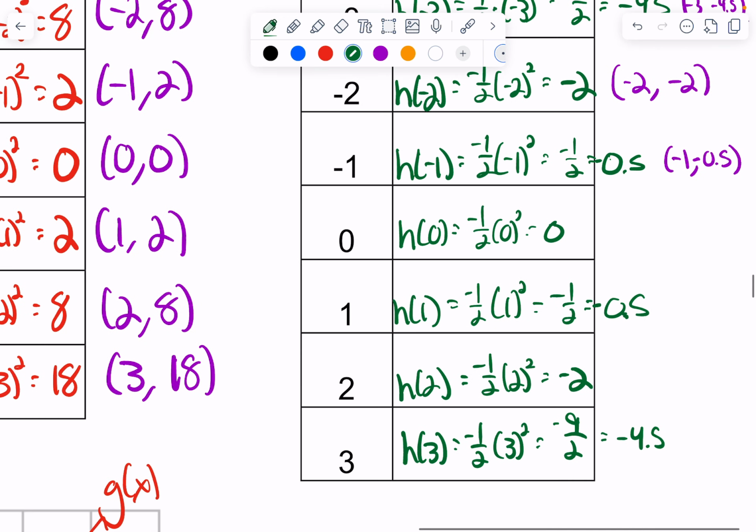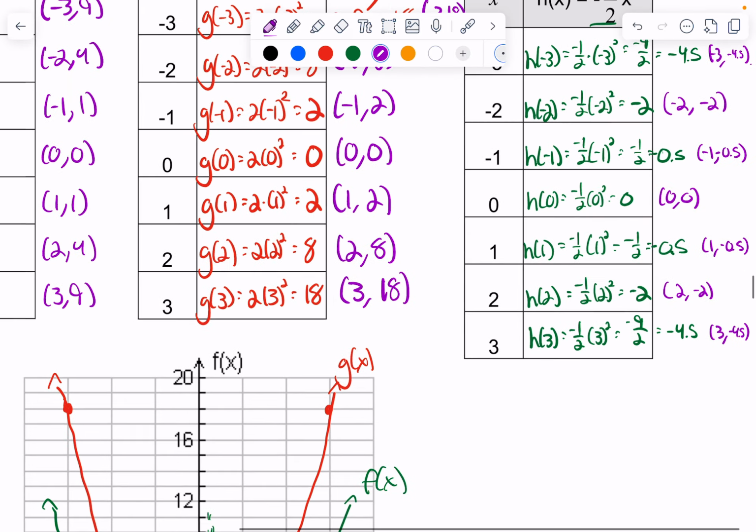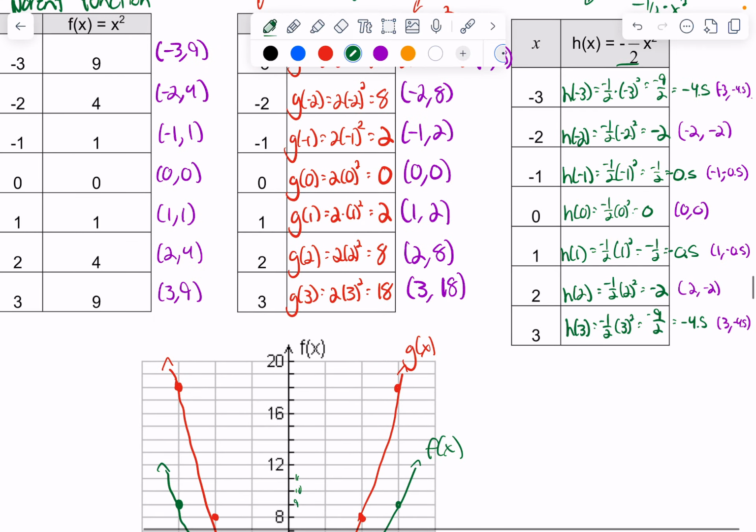Negative 0.5. All right. And then this is 0, 0, 1, negative 0.5. And this is 2, minus 2. And this is 3, minus 4.5.